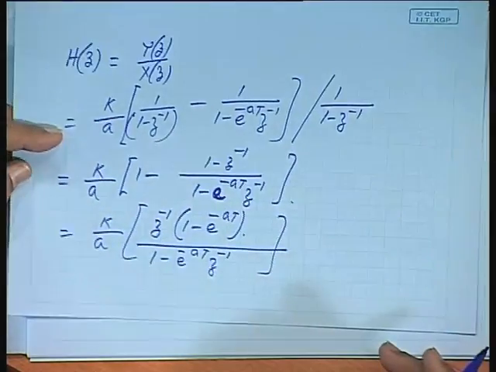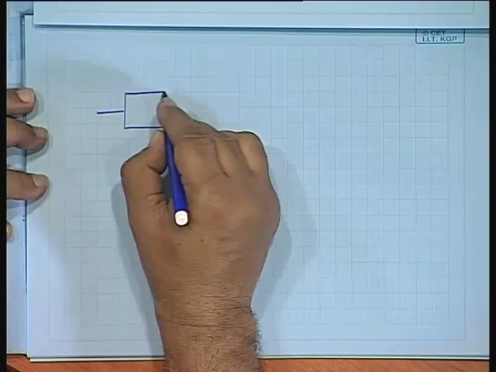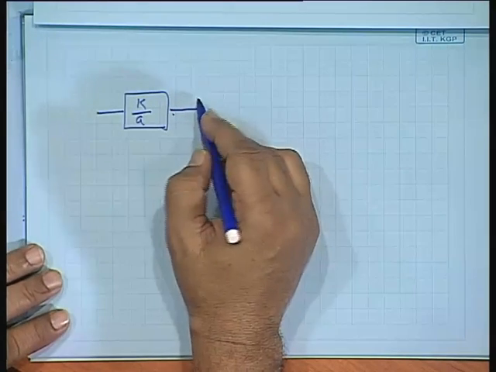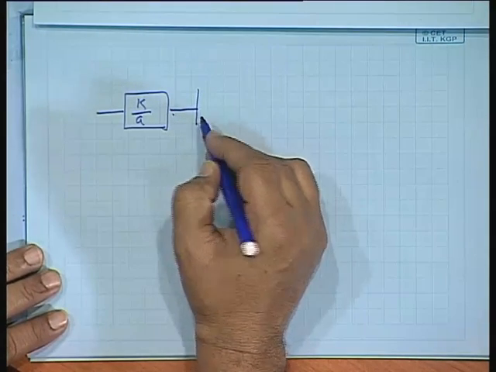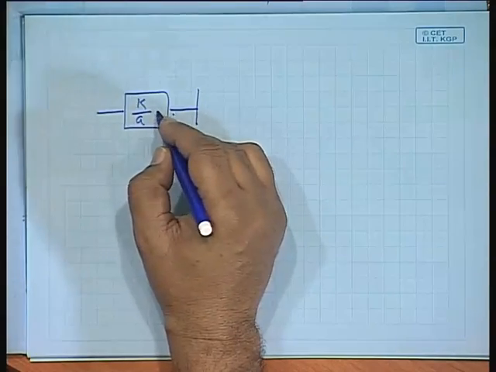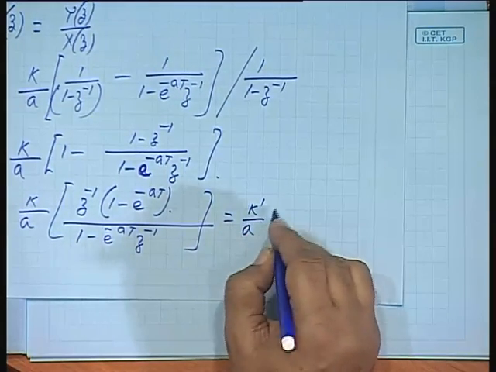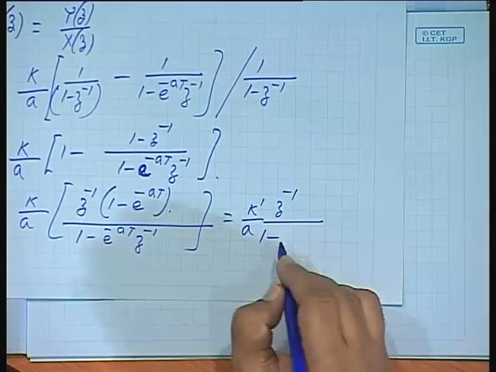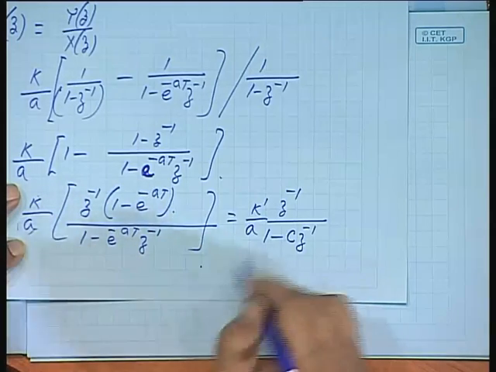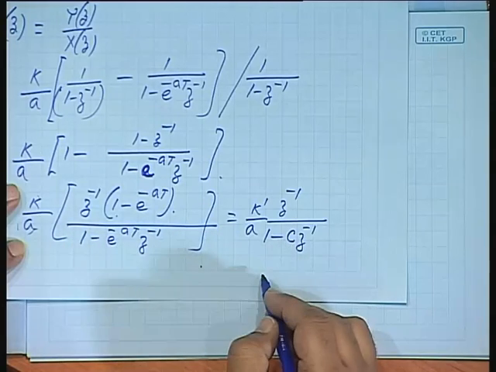So once again, you can take this in a simple block, k by a. Actually I could have put k by a into 1 minus e to the power minus aT. Let me call this whole thing k dashed by a, Z inverse by 1 minus c Z inverse, where k dashed is k by a into 1 minus e to the power minus aT, and e to the power minus aT is c.